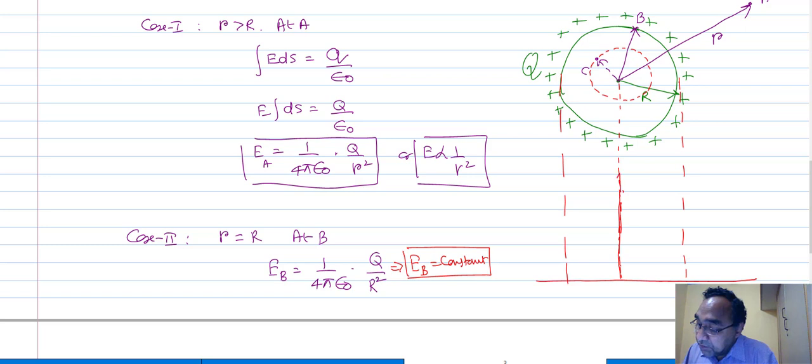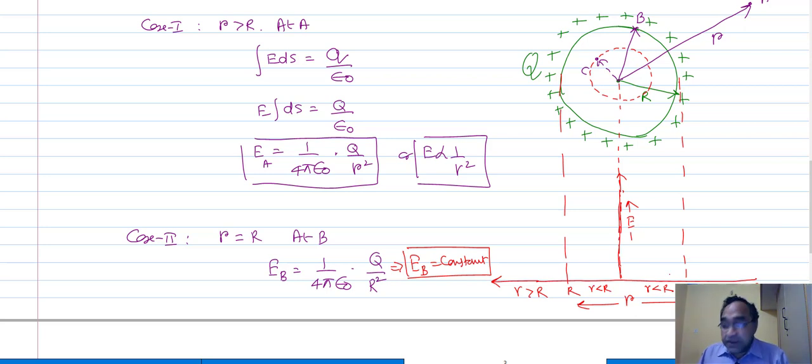Here I am plotting E, and here let us plot r. So this is your radius R, and this is the region where you have r greater than R, and this is r less than R. I hope the axes are clear to you.